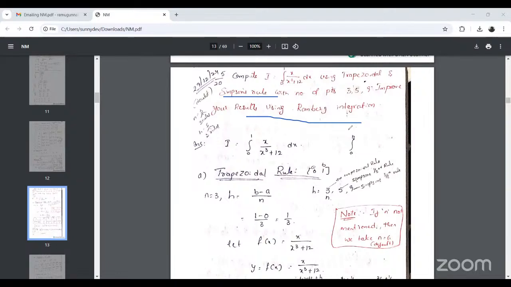If n is not mentioned, we can take n equal to 6 as the default. If it is mentioned, there is no need.